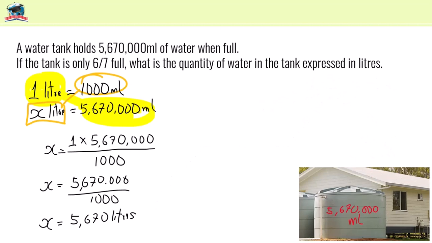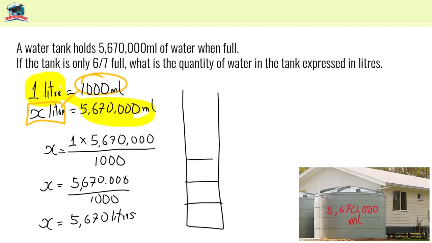Now, the question says that the tank is 6 out of 7 full. So imagine this is your tank. This is 1, this is 2, this is 3, this is 4, this is 5, and this is 6. So that means the water ends there.